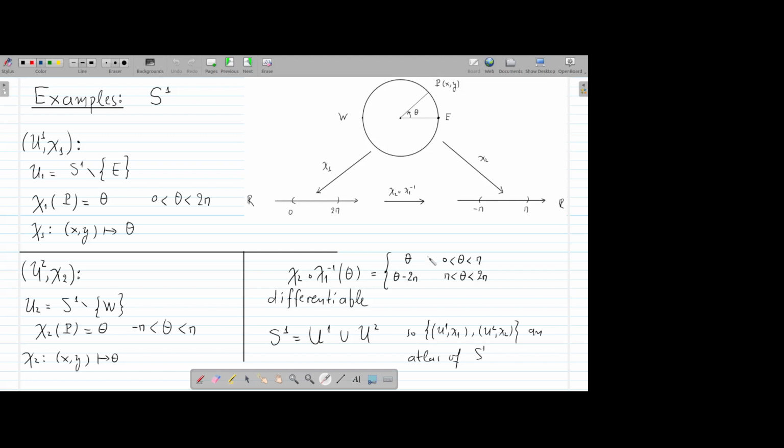And you see that those two angles are related by this very simple relation. And you see that this map is differentiable.